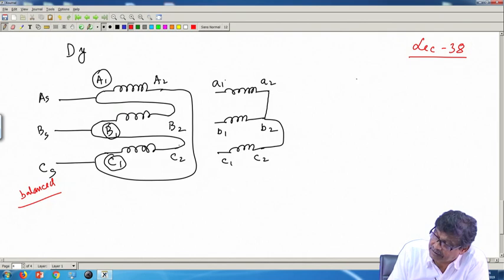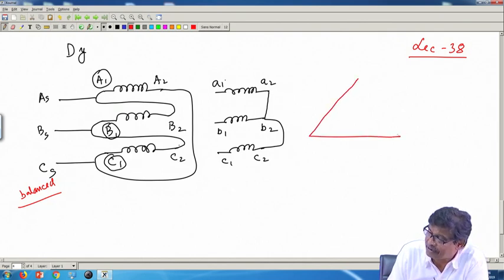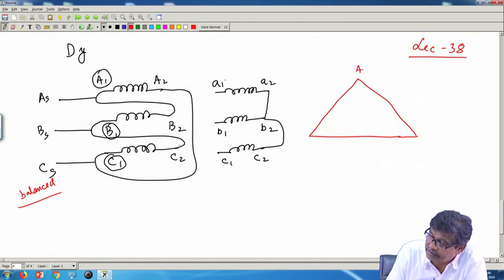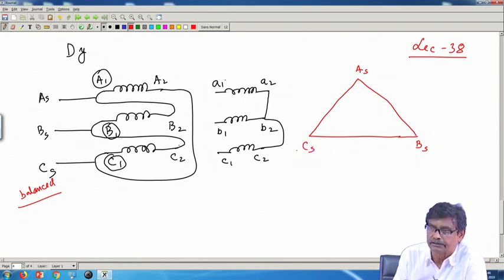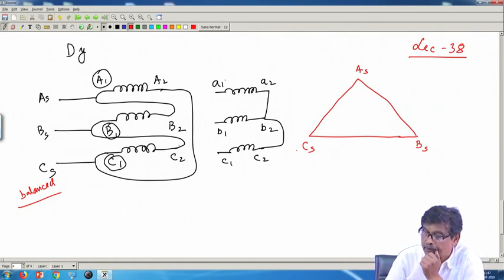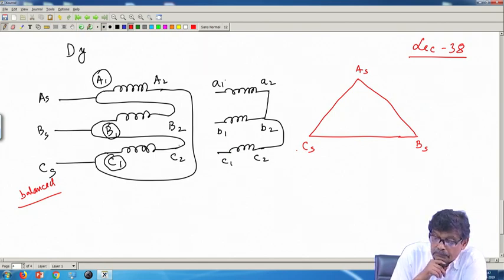As the primary side is delta connected, draw it like this, with the line to line voltages AS, BS and CS. This is the balanced 3-phase voltage. What else? AB, BC, CA, they are 120 degrees apart.